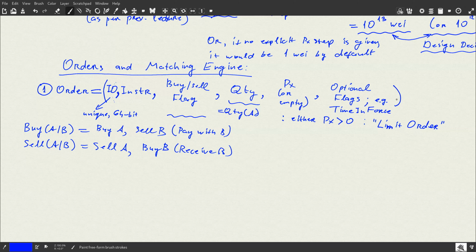Maybe some other order types will be introduced later on, but for the moment we are saying that positive price means limit order. And empty price, let's say it is encoded as 0.